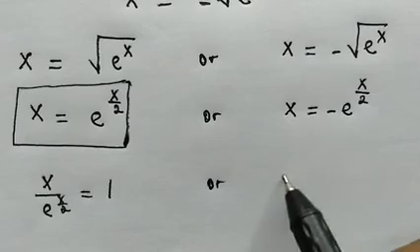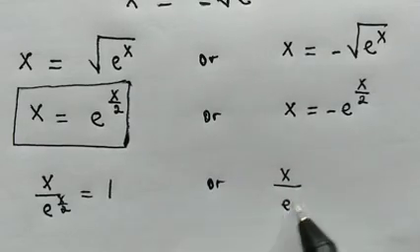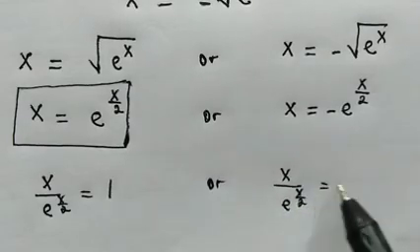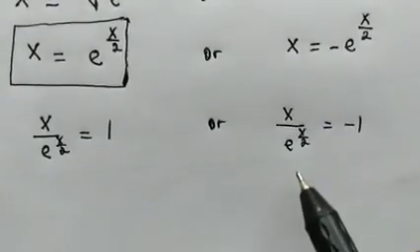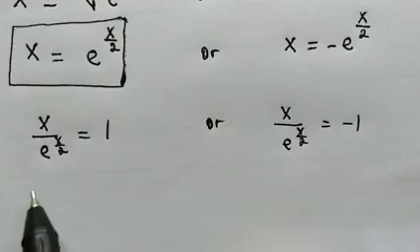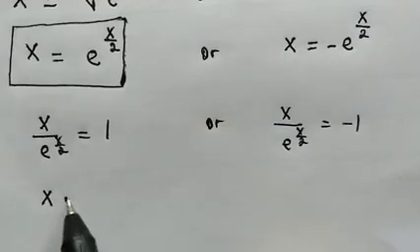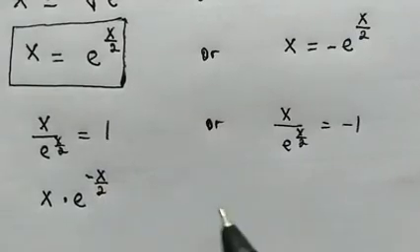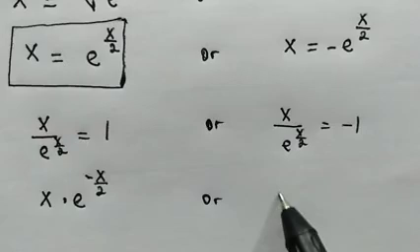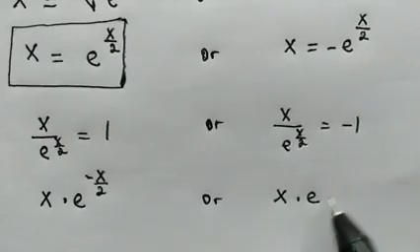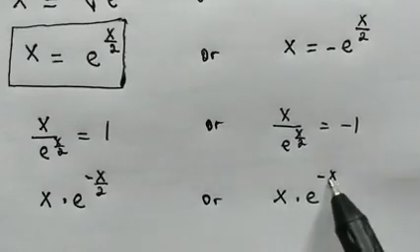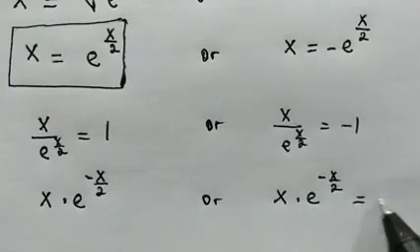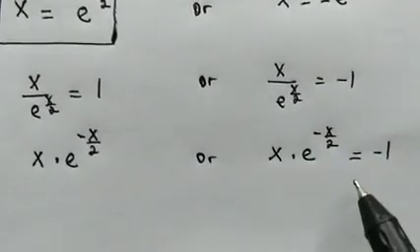And for this part here, x divided by e to the power of x over 2 will be equal to negative 1. Now, let us write this as x times e with a negative power of x over 2. And for here, we get x multiplied by e with a negative power of x over 2. This will be equal to negative 1.